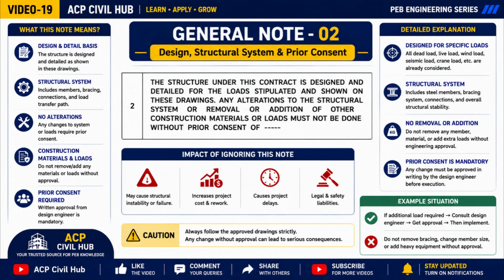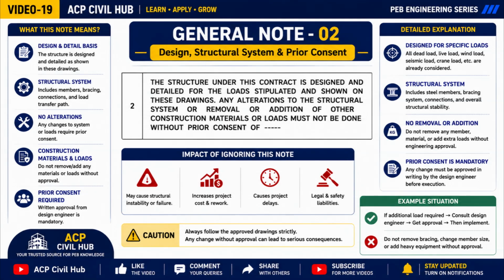Now let's understand the second general note, which is one of the most critical instructions in every PEB project. This note states that the entire steel structure has been designed and detailed only for the loads specified in these drawings. That means every column, beam, rafter, purlin, girt, brace, and connection has been calculated according to the approved design criteria.